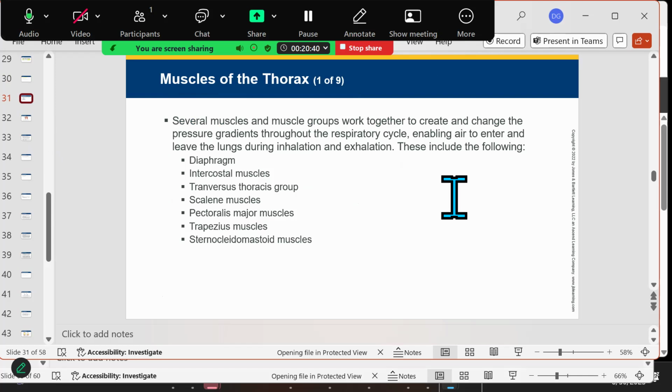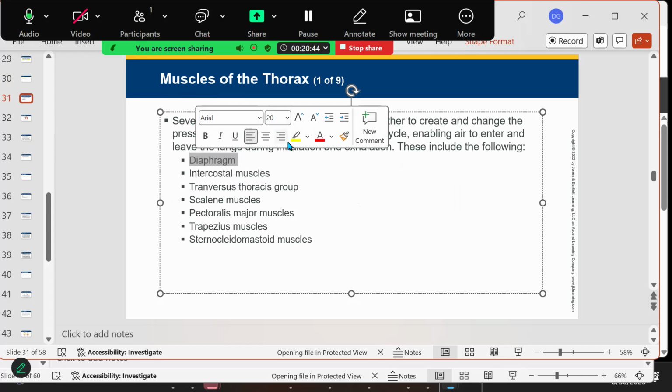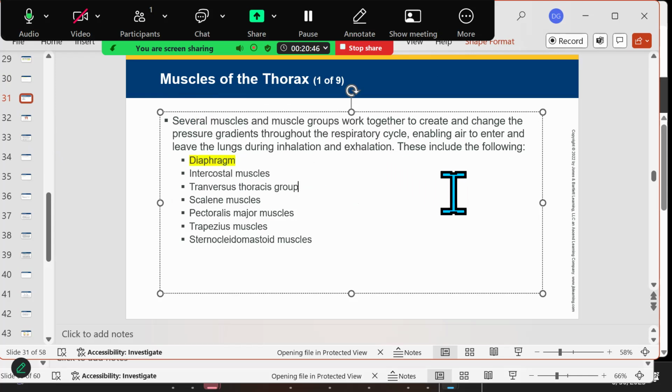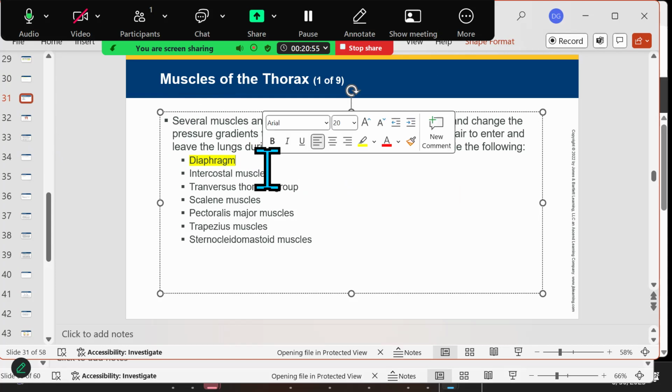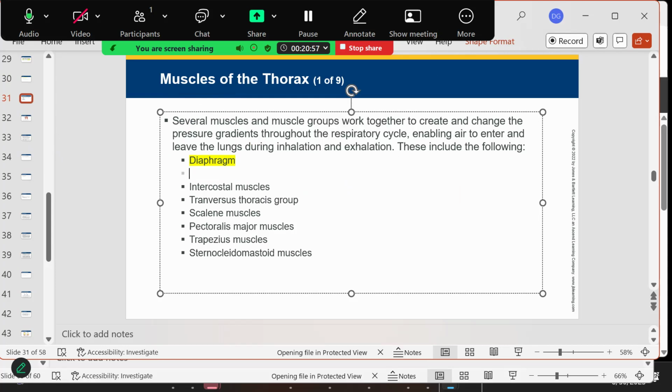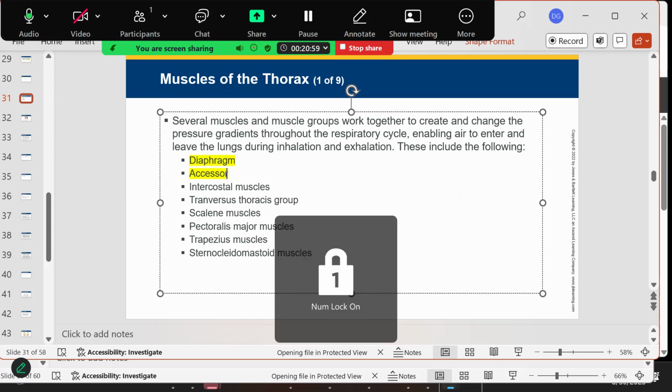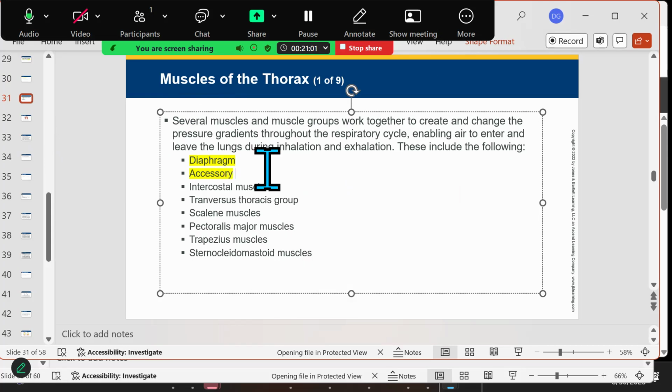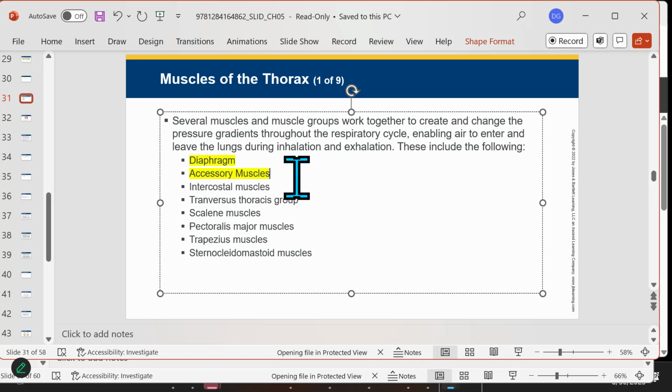Several muscles work together to cause breathing. Now, the diaphragm is intended to do the great majority of this work, but there are other muscles that do get involved, and you'll see these called accessory muscles. Everything below the diaphragm there is called accessory muscles, and that's the whole list.